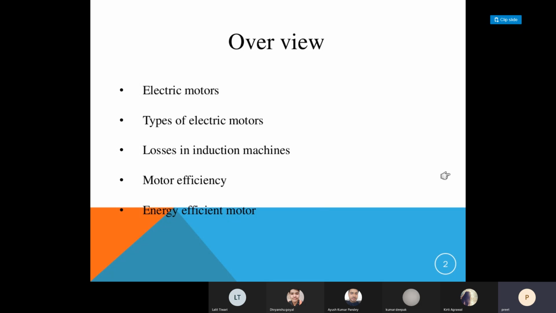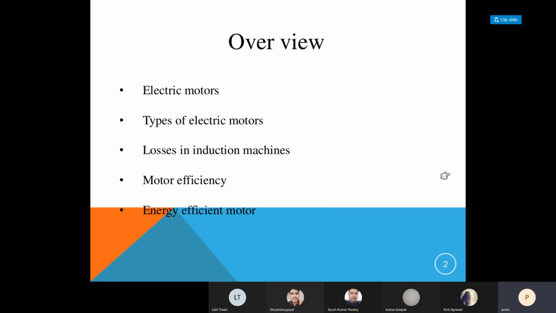So in today's lecture, like our previous lecture, we will study the losses in electrical motors, which are again a very important component of electrical systems. So let's start with the topic. In today's lecture, we are going to study these different aspects of electrical motors.